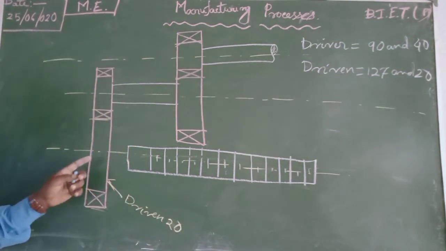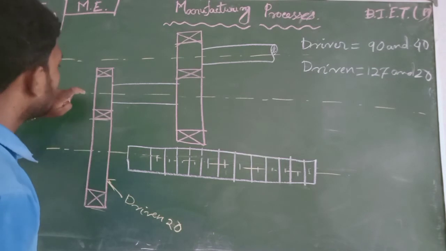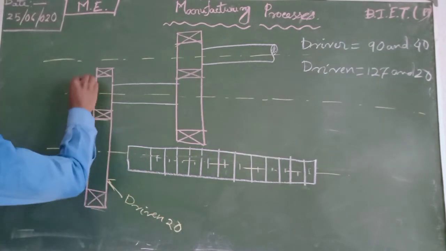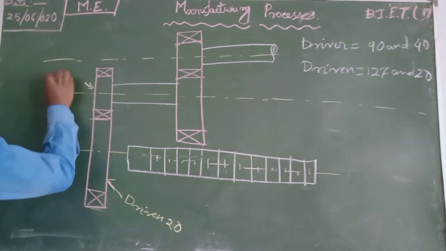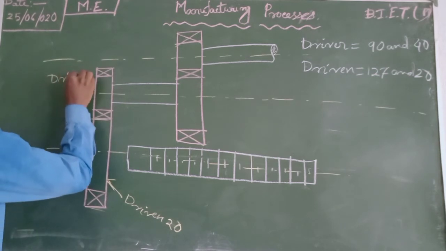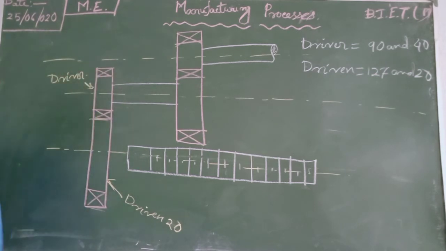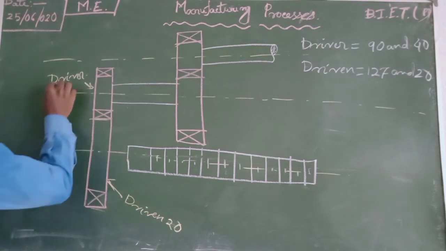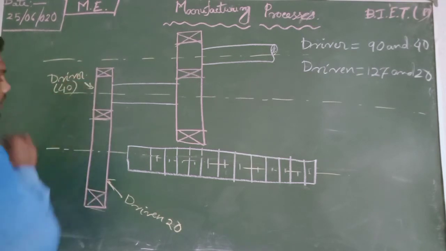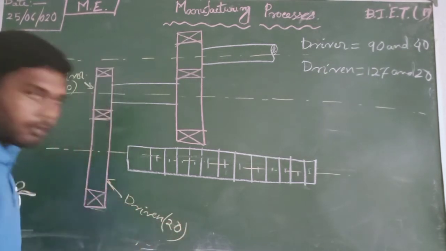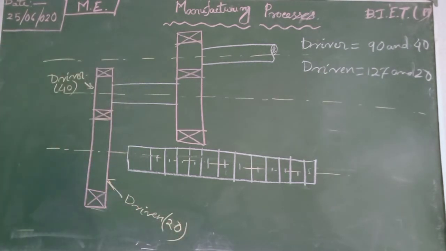If this is the driven gear, this is the driver gear, and the number of teeth is 40.